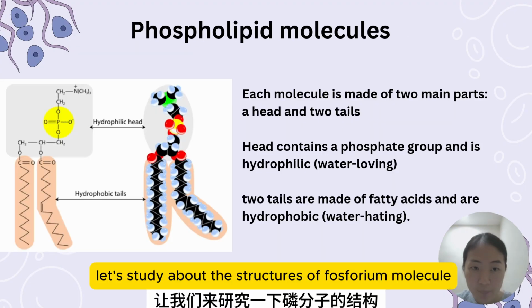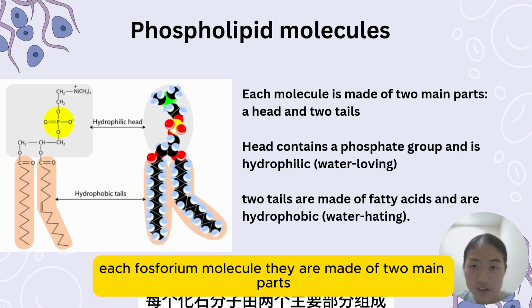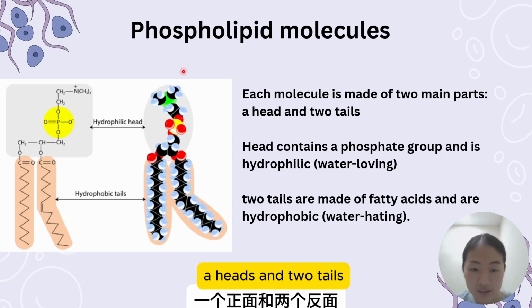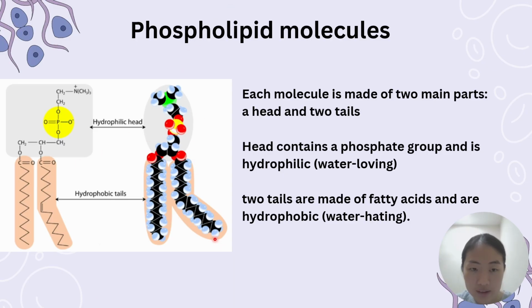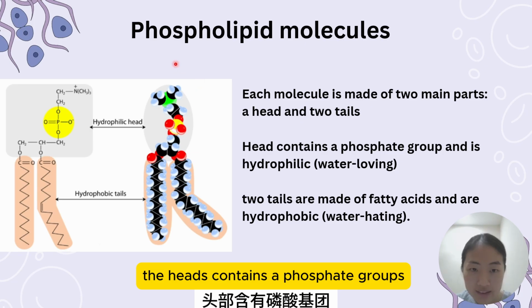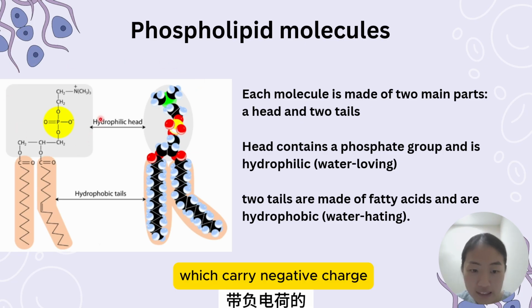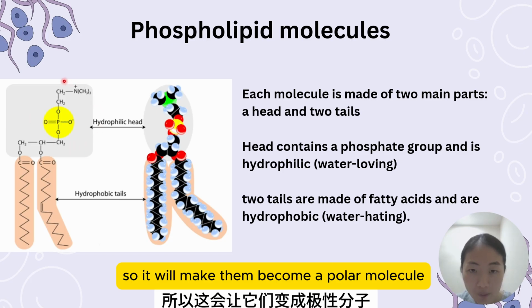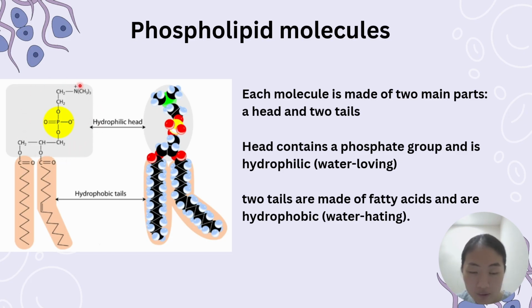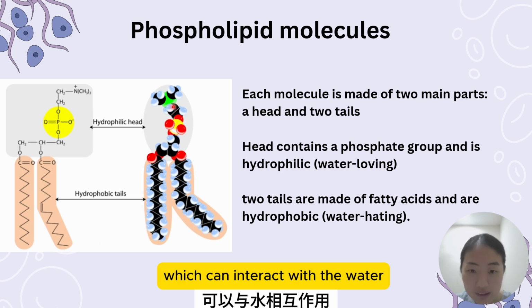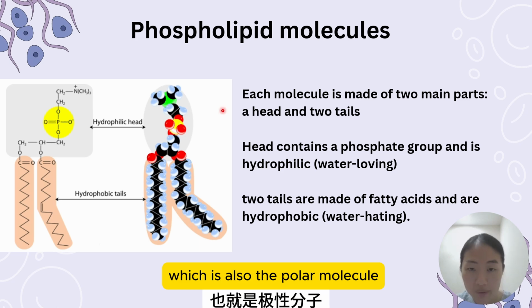Let us study the structure of a phospholipid molecule. Each phospholipid molecule is made of two main parts, a head and two tails. The head contains a phosphate group which carries a negative charge. So it becomes a polar molecule which can interact with water, which is also a polar molecule.